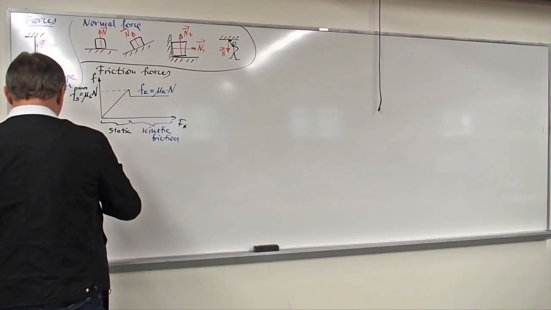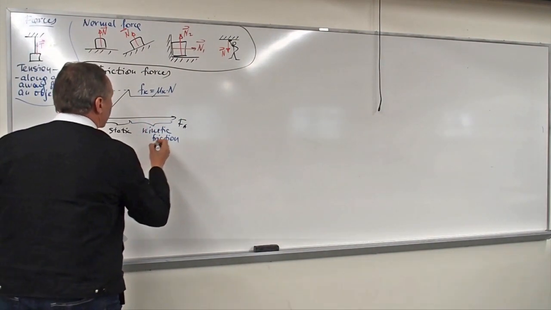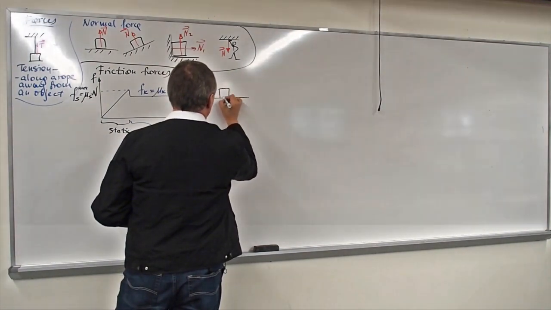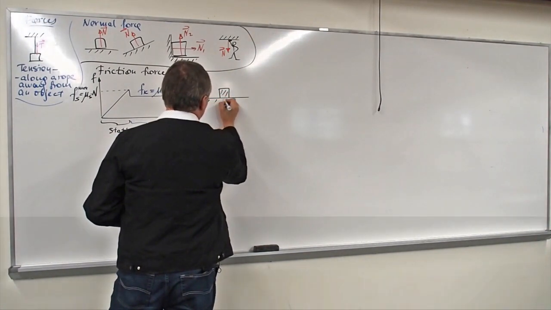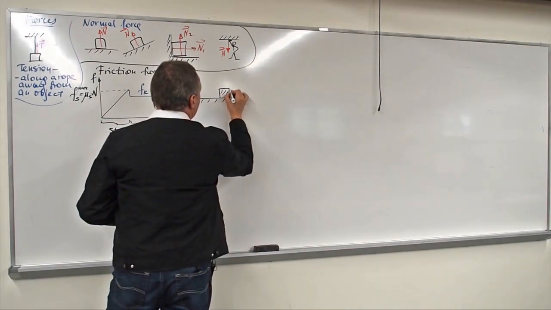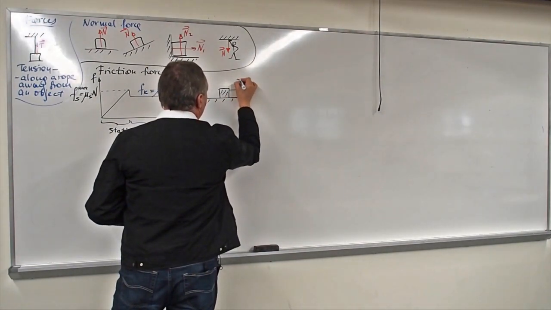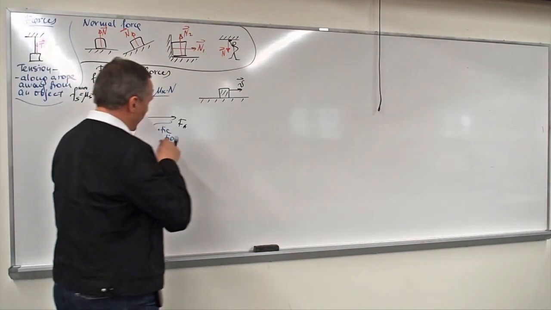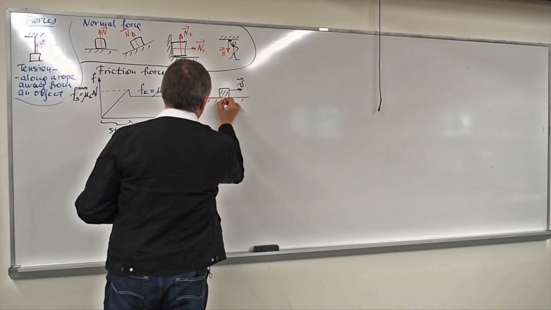I will probably draw. So if you have, let's say, a surface, this is the box, this is the surface, and let's say the object moves this way with velocity v. Then kinetic friction, of course, acts in the opposite direction.